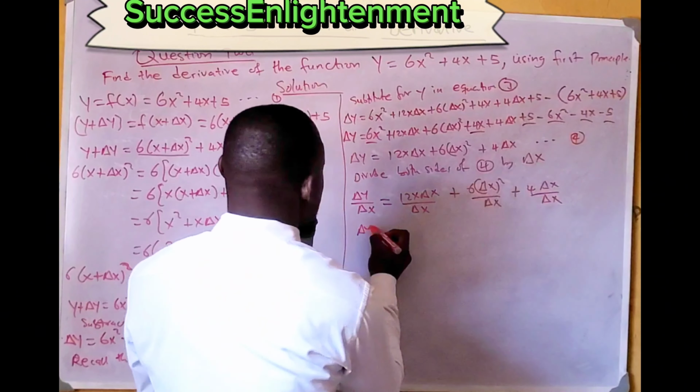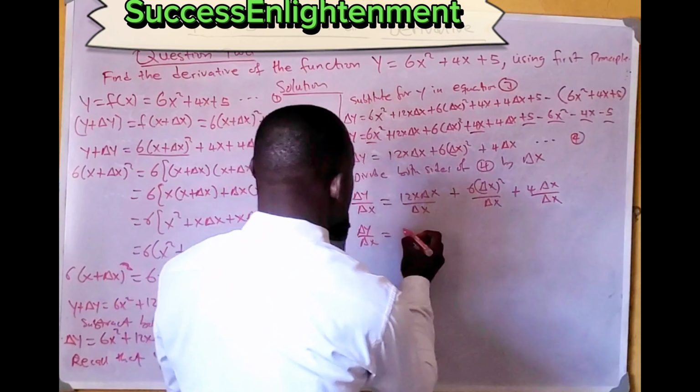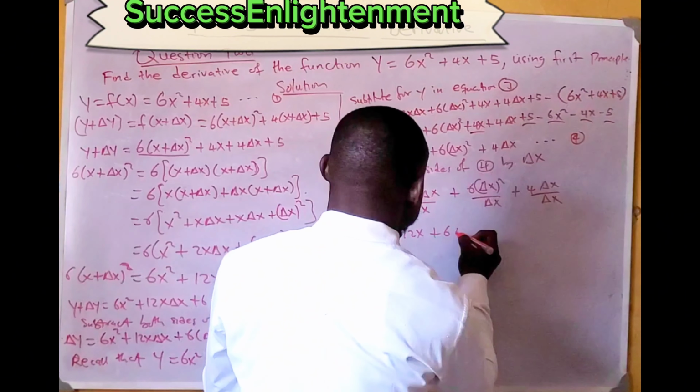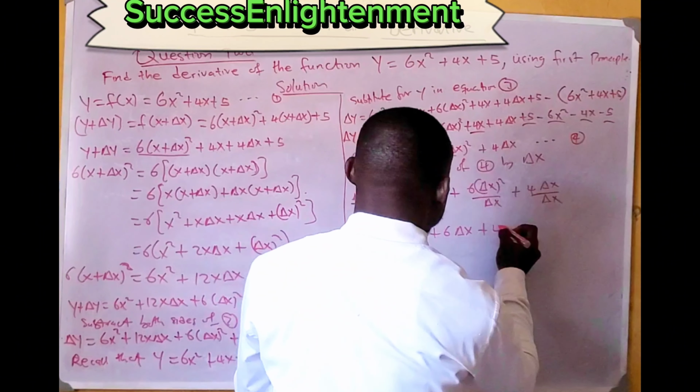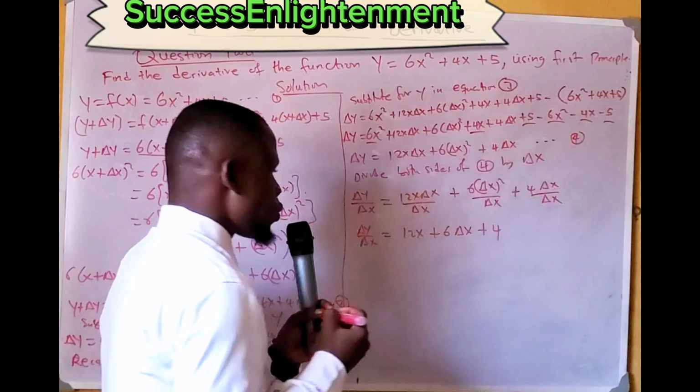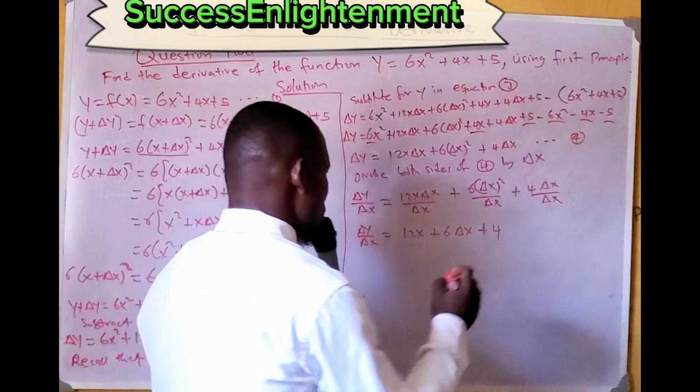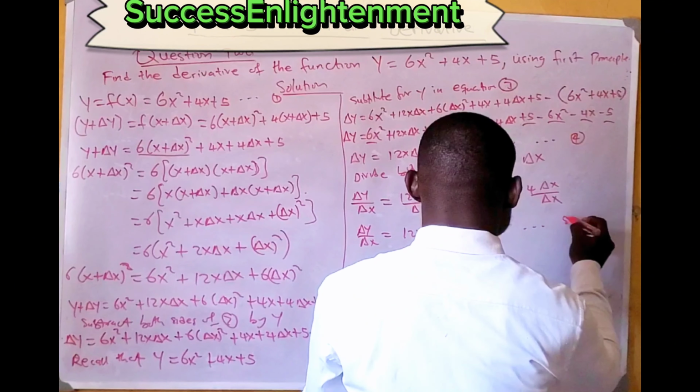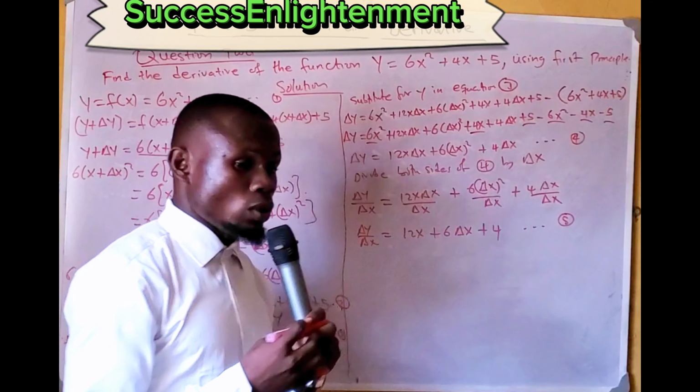So therefore our difference quotient will be equal to 12x plus 6 change in x plus 4. Let's call it equation 5.